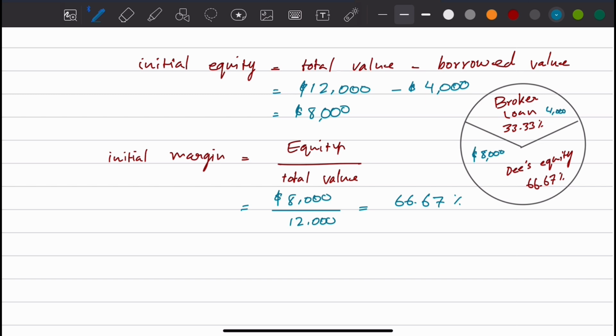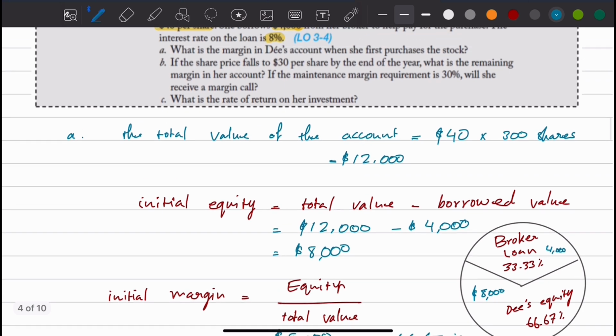Now let's go to Part B. Part B says, if the share price falls to $30 per share by the end of the year, so I'm going to highlight both of these, $30 per share by the end of the year, what is the remaining margin in her account?